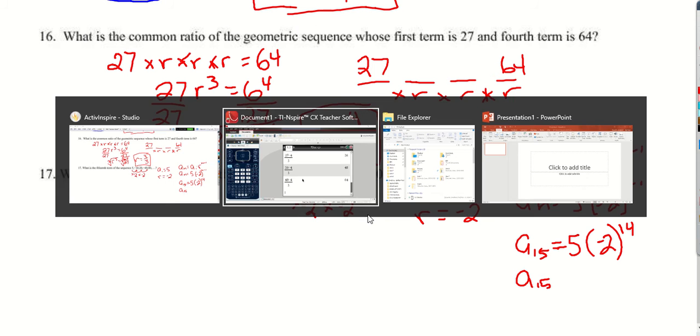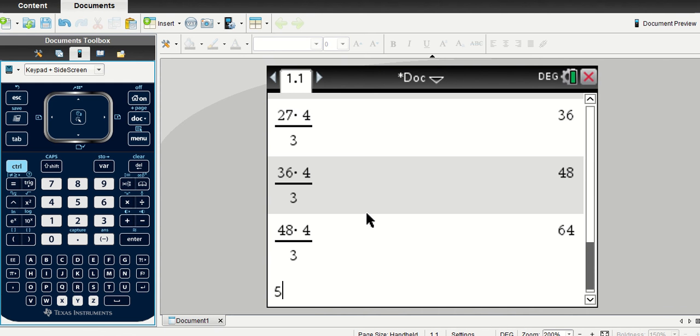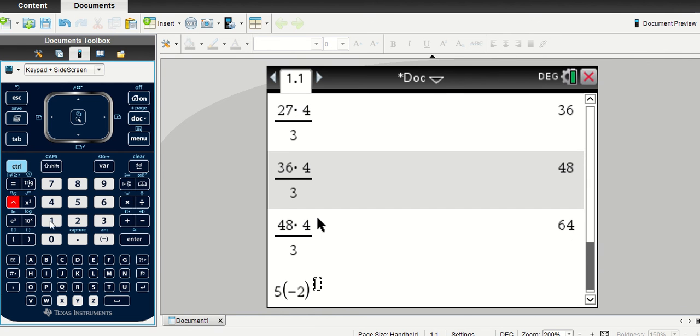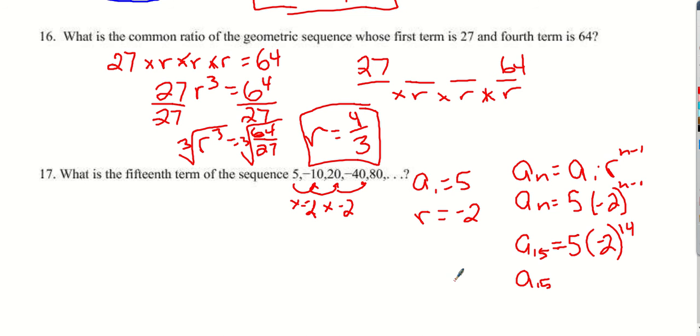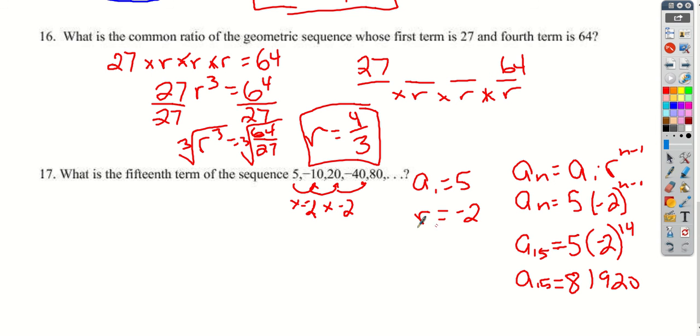Okay. So we take the computer calculator, we do 5 times -2, and then we do caret 14, enter, and there's our answer. So it is 81,920. 81,920. That's the 15th term.